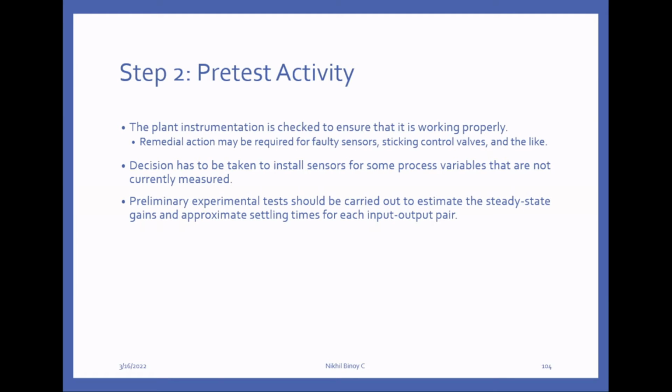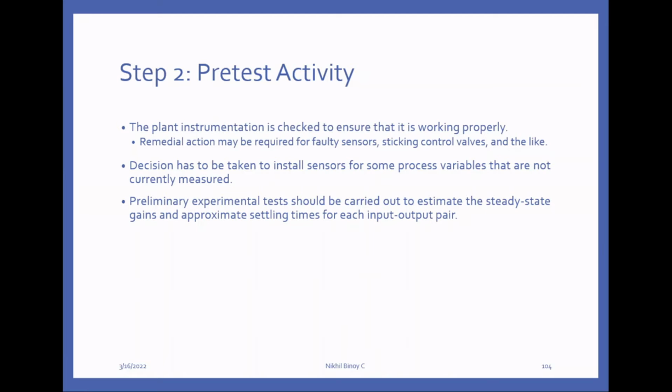Now, along with these tests, we have to do some preliminary experimental tests to estimate the steady state gain and approximate settling time, because I told you N times delta t must be greater than or equal to ts.